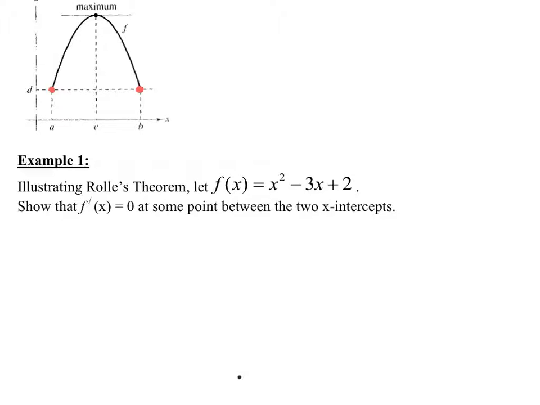Alright, so we let this equal 0, x squared minus 3x plus 2 equals 0. So we're finding the x-intercepts here. And I factor this. What's this factor into? There we go. So our x-intercepts are at x equals 2 and 1.